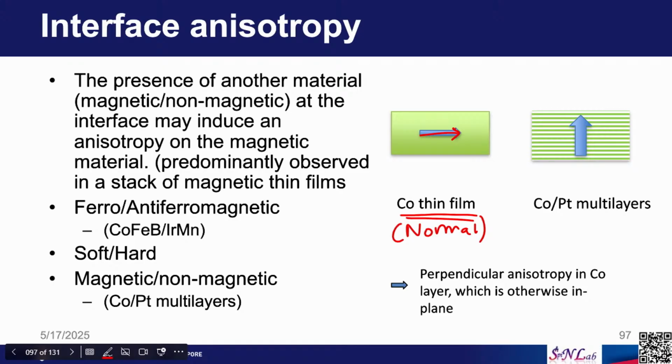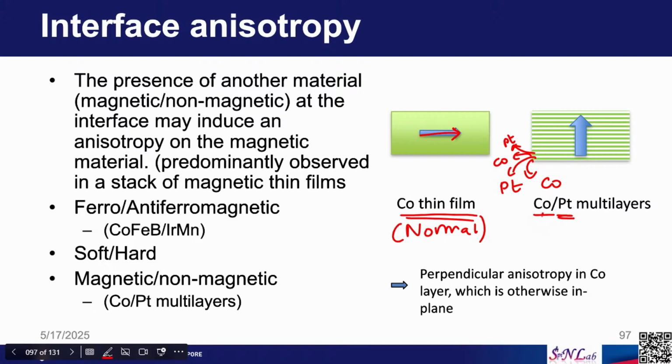On the other hand, let us say you prepare a multi-layer of cobalt and platinum. For example, this layer, the green layer is cobalt, white layer is platinum. Okay, so, you do cobalt, platinum, and so on. So, you stack many layers of cobalt and platinum one on top of another for certain thickness, very low thickness.